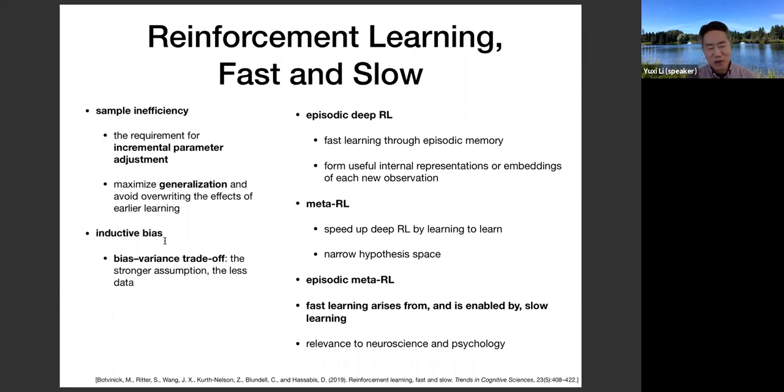So we already built something into the system, and when we see something relatively new, we can borrow some old skills to learn something new. That's the inductive bias. And in reinforcement learning, there are techniques like episodic memory and meta learning to help improve the sample efficiency and the inductive bias.